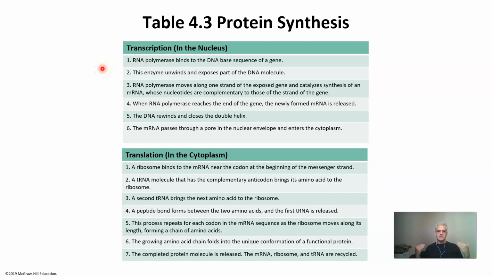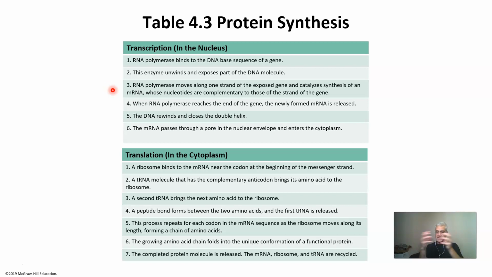Let's kind of review this. Transcription occurs in the nucleus. Okay? Transcription turns DNA into messenger RNA. It is performed by an enzyme called RNA polymerase. The enzyme pulls apart and unwinds a subsection of DNA.